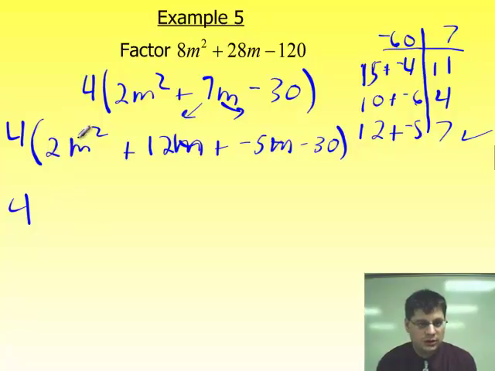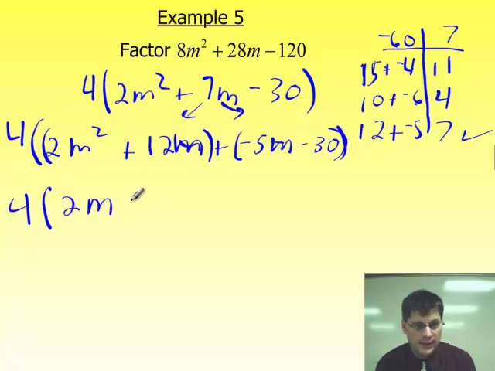So let's see, I'll group this with this and this with this. I can pull out a 2m from the first term, so I'll factor out a 2m, which leaves me with an m plus 6.